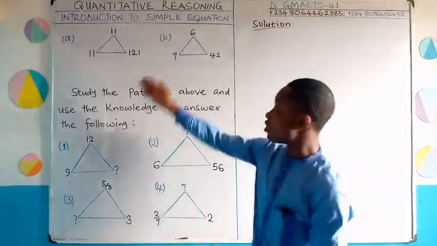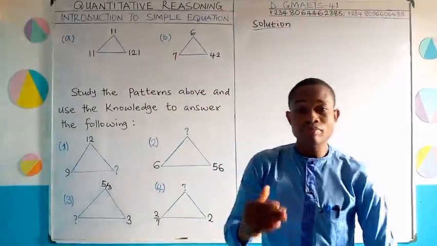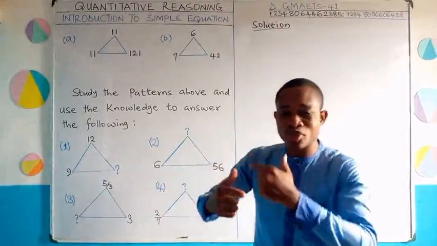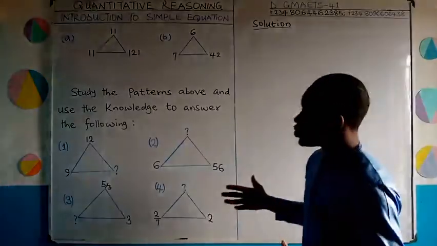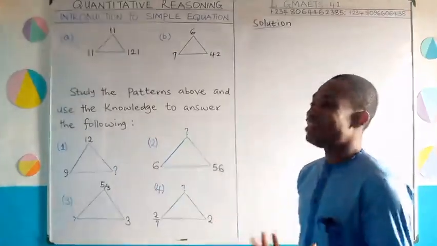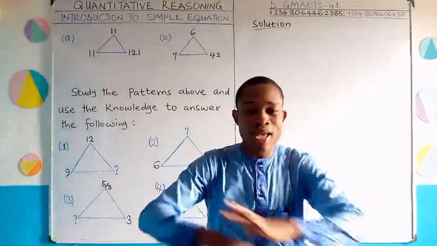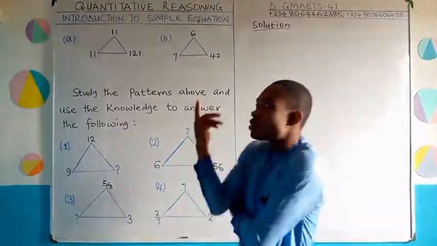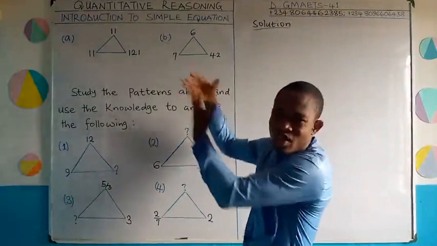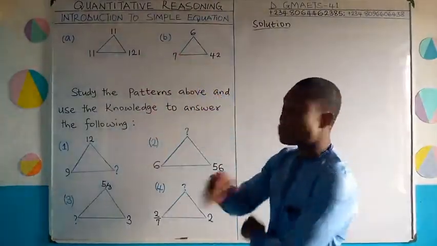Because you were not the one that formulated it, most times you will do some trial and error check. And that is what I am going to do here. Even if I was the one that brought out this sample, I am assuming that I am not. I am just thinking, okay, someone else just wrote it, and I should use what I learn from here to solve this question.